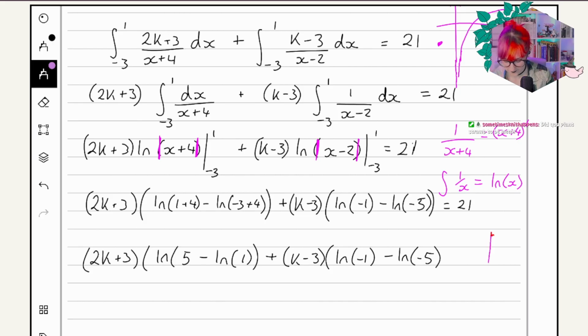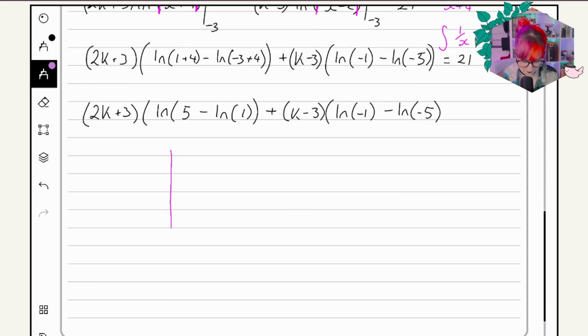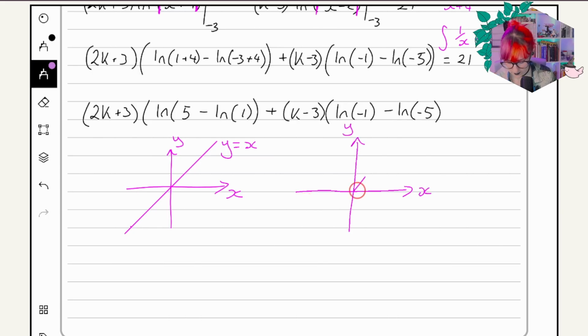So if we had the graph, I'll do it properly because I'm going to draw 2 of them. The line y equals x, right? Every value of x goes to every value of y. But now, this is y is mod of x.